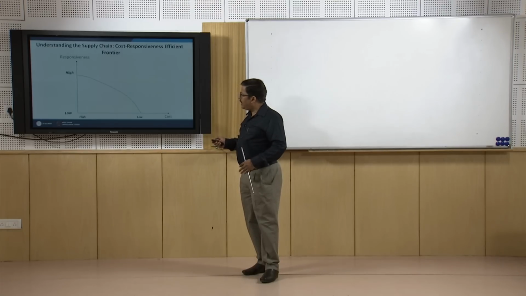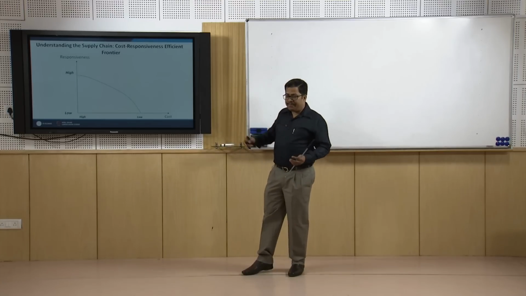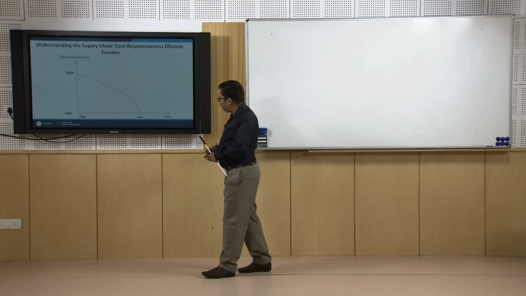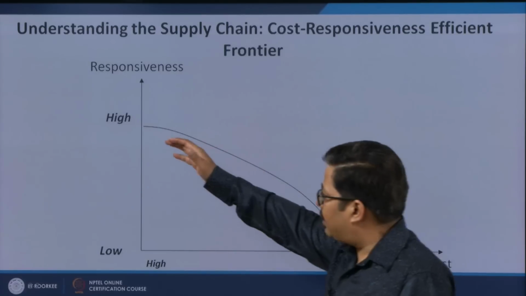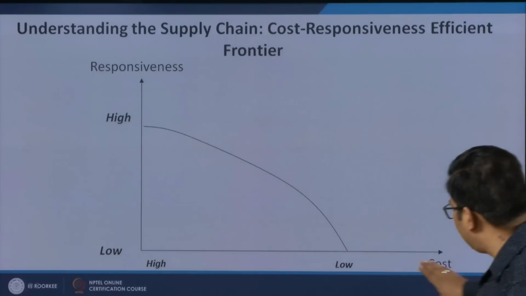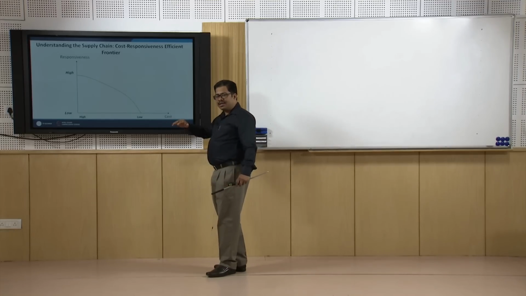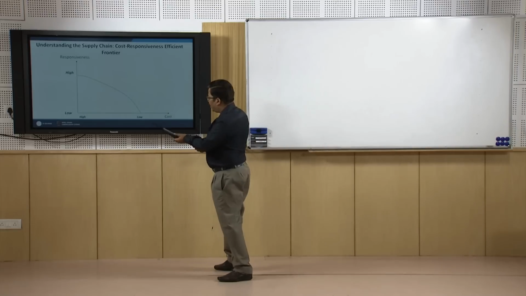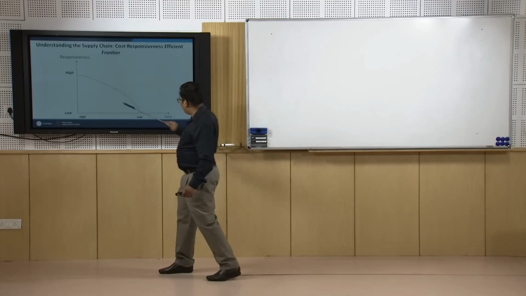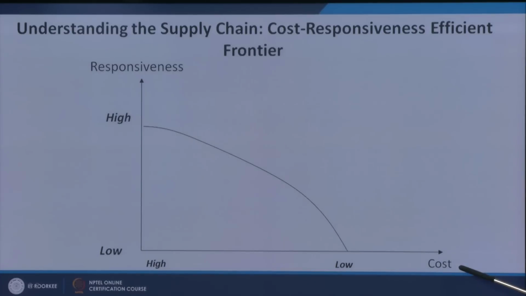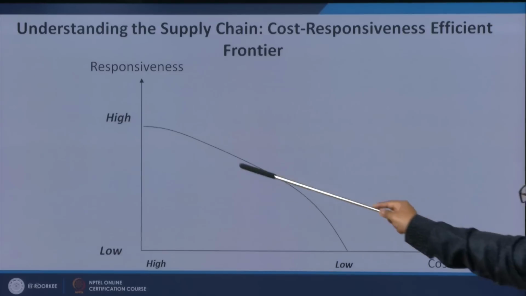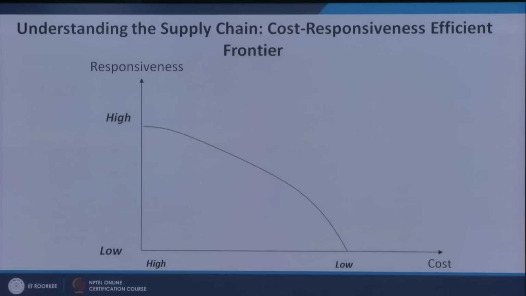And now we are trying to develop, on the basis of capabilities in my supply chain, a particular spectrum of responsiveness versus efficiency. Cost, as we have discussed in our last lecture, is inverse to efficiency. If it is a high cost supply chain, it means low efficiency. If it is a low cost supply chain, it means high efficiency. So, it is a relationship between responsiveness and efficiency of the supply chain, and this is the cost responsiveness efficiency frontier.